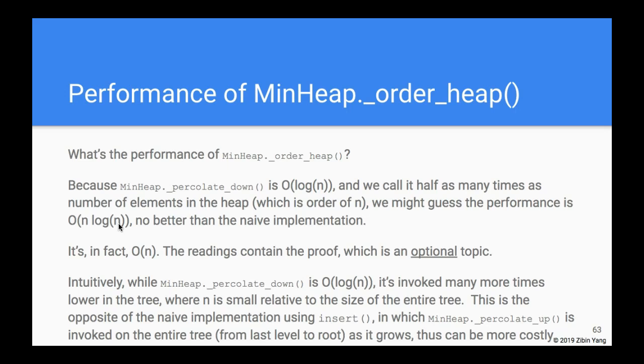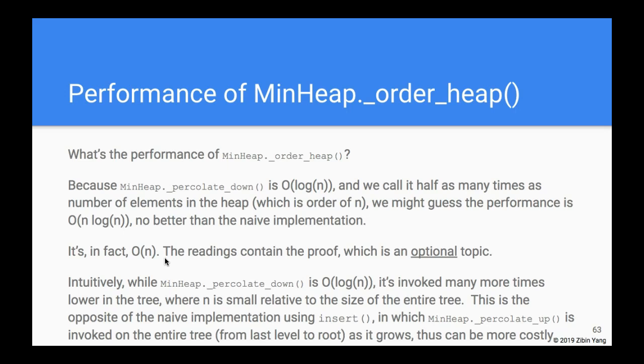And that is no better than the naive implementation, in which we simply use insert to insert all the data into the heap. However, if you remember, we made the claim at the beginning that building the heap this way is actually faster than the naive implementation. And as a matter of fact, the performance of building the heap this way is not O of n log n, but just O of n.